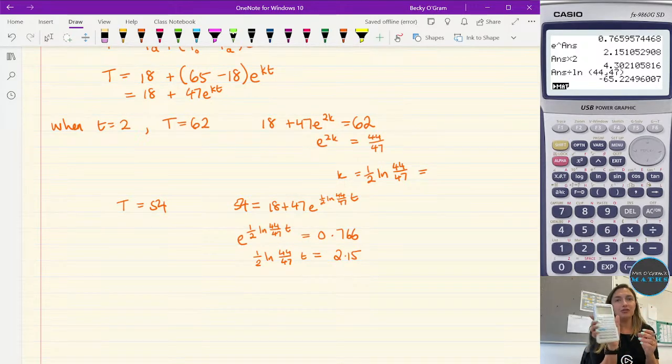When I was doing this on this calculator by hand, these numbers worked out. So I'm just going to check that now. 44 divided by 47. Okay, bear with me.